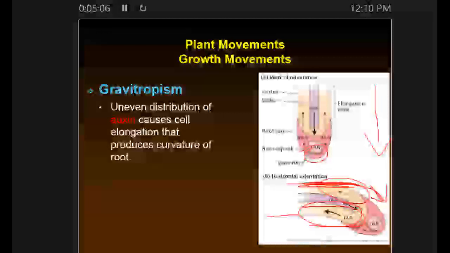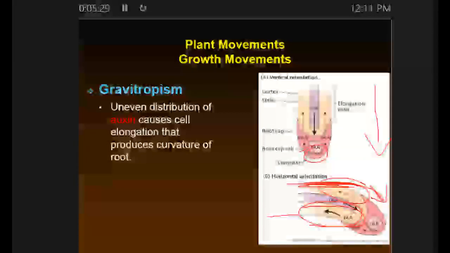This is another example I wanted to point out with regard to hormones: sometimes what you see happening in the shoot and leaves can be almost the opposite of how it works in the root tissue. I'm not going to get into the details, but when you see high levels of auxin in the root, it actually slows down root growth instead of speeding it up like it does in the shoots.